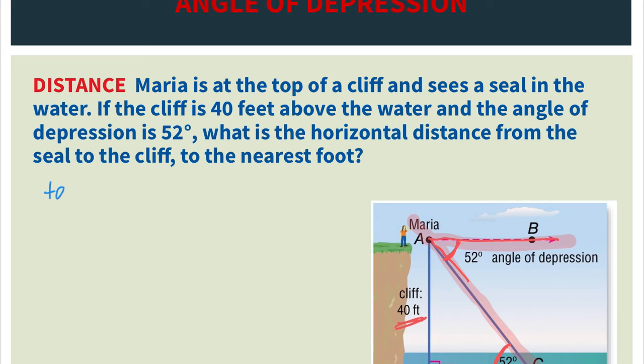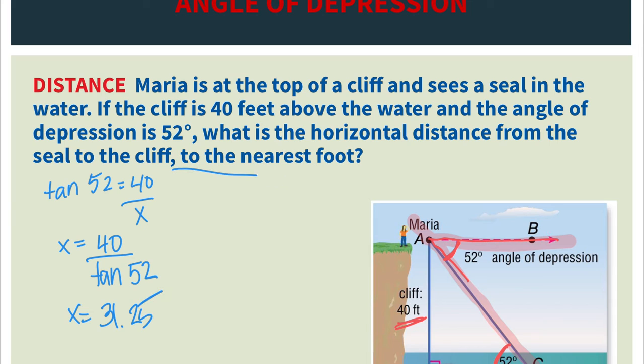So the tangent of 52 is 40 over x. Again, those can switch, so x is equal to 40 over the tangent of 52. So x is equal to 31.25. It says round to the nearest foot, so that's going to be 31 feet.